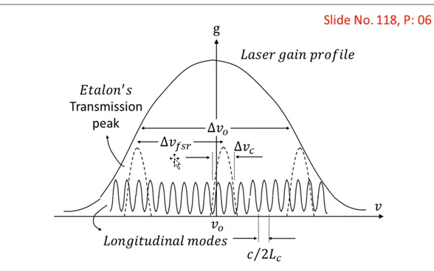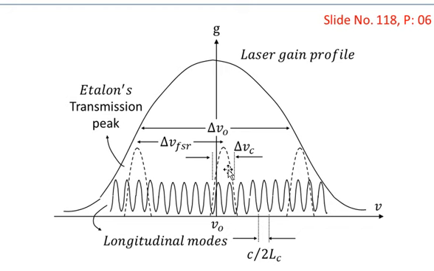So I have shown these three transmission peaks of the Etalon. It means that this Etalon, for the three peaks, will select three longitudinal modes. One mode will pass through the center of delta nu c, another from the left peak, and the other from the right peak. Out of these three transmission peaks, three longitudinal modes at the maximum can pass.